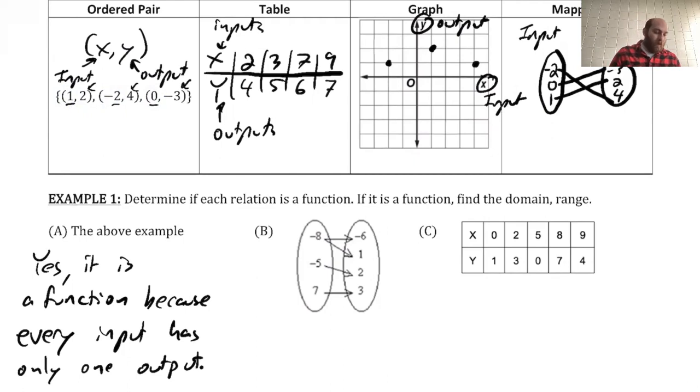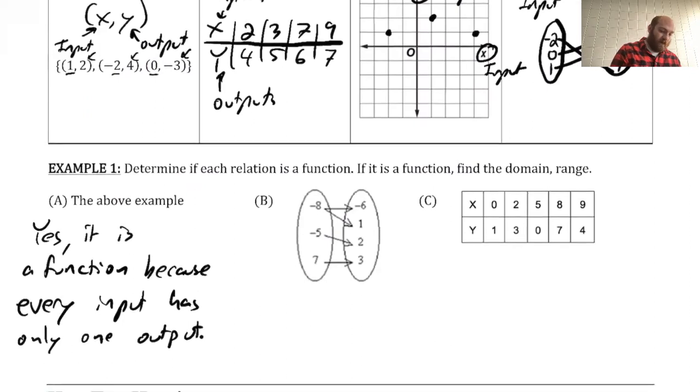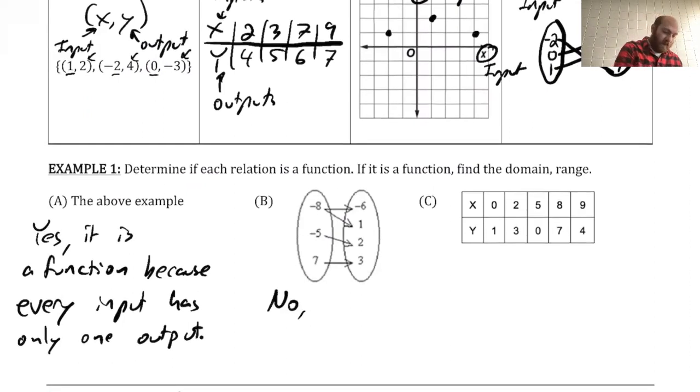We look at the mapping diagram for part B. This one is a no. The reason why it's a no is because -8 here is going to two different outputs. So if I take my input and I split it up into two different outputs, that's no good. So no, -8 has two outputs.